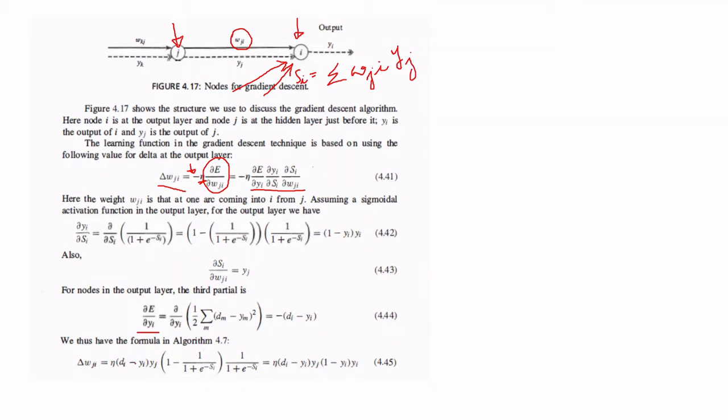Now, how do we take a derivative of this? What we are saying is we are only considering this particular output node, the Yi'th term. It is a sum of the difference between the expected and actual outputs over all the output nodes, but here we are only considering one of these outputs, Yi.